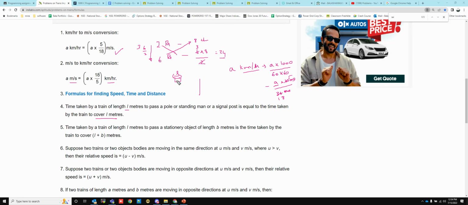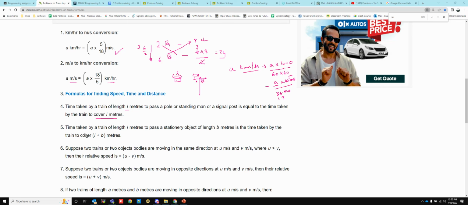To cross the pole, the train has to travel L meters this side, since the train length is L meters. So the time taken by the train to cross the pole is equal to the time taken to cover L meters. That is what it says here.